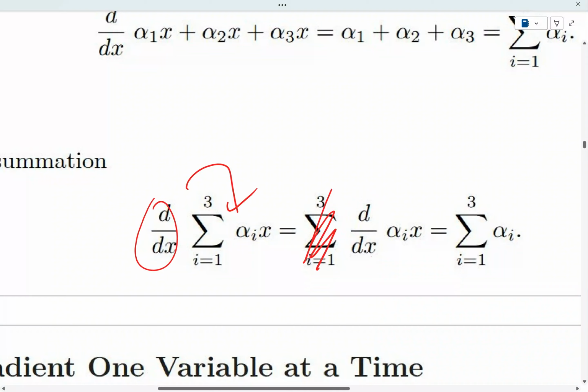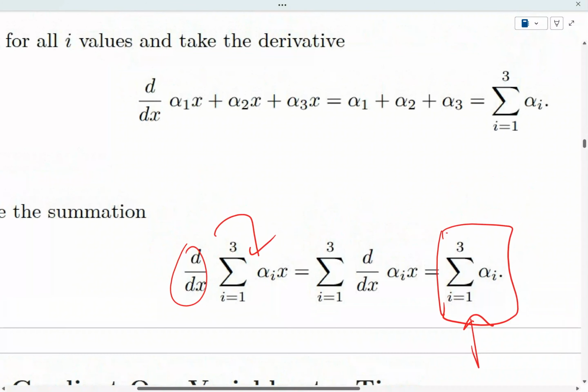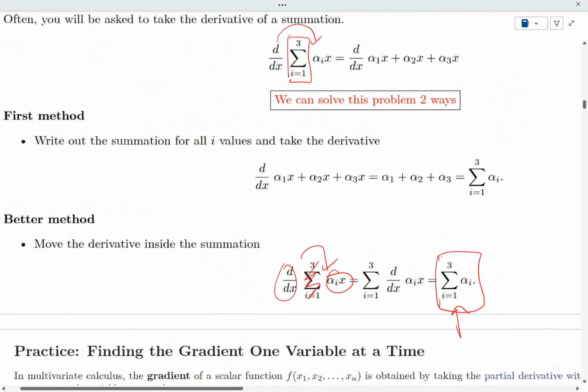And notice if you take derivative with respect to x, alpha is a constant. So the derivative of this is simply alpha i. And then you could put the sum back in. So you don't have to worry about the sum actually. The sum can be kind of ignored. You take derivative of whatever is here and then get the result.